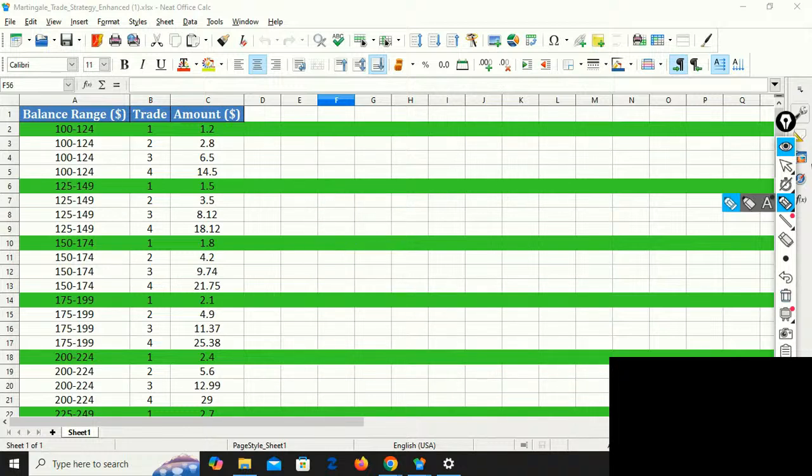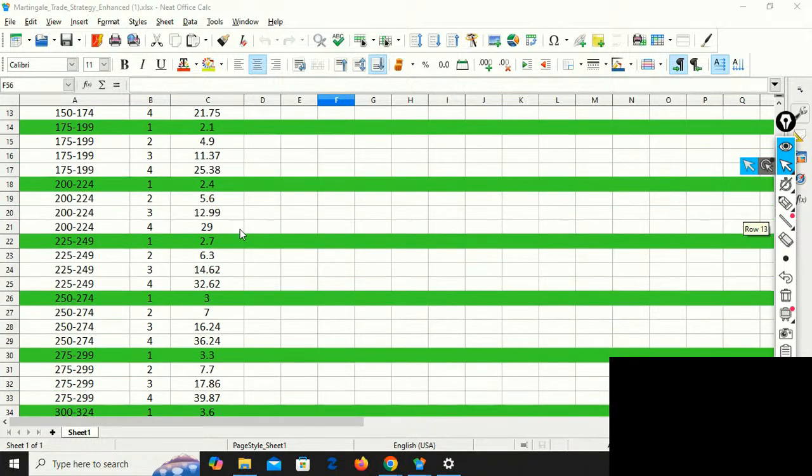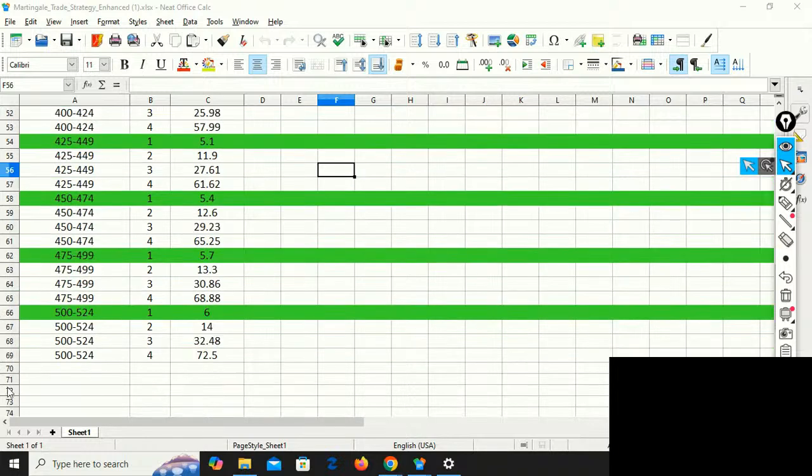So you should do that spreadsheet if you trade martingale. It is essential you have a spreadsheet with clear balance ranges and trade amounts depending on each balance. I've made a sheet for up to 500. You can increase it as much as you like. Every stage we increase 25%.